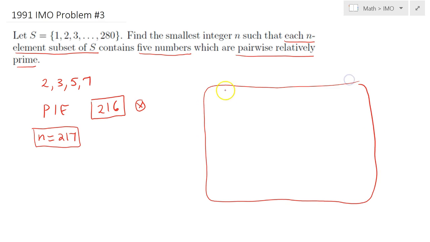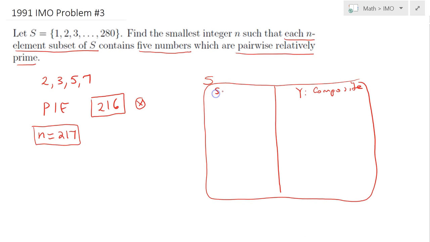We have our set S here, so consider this as the Venn diagram for the set S, and I would like to split this set into 2 groups, those that are composite numbers. So I'll call this portion Y. This is the set of composite numbers, and as a result, S minus Y would represent all the primes in S.